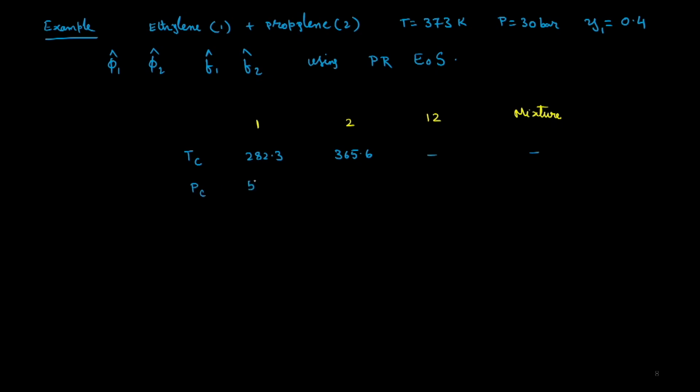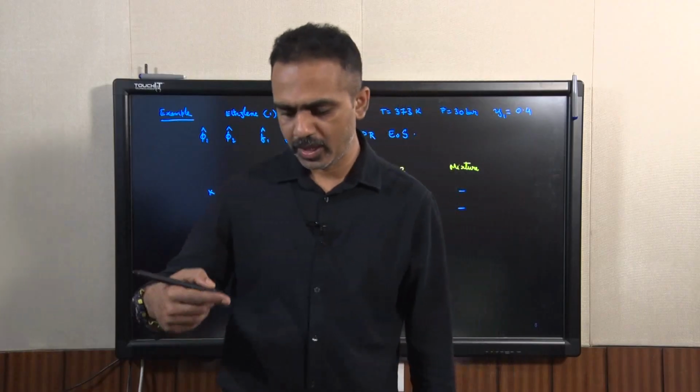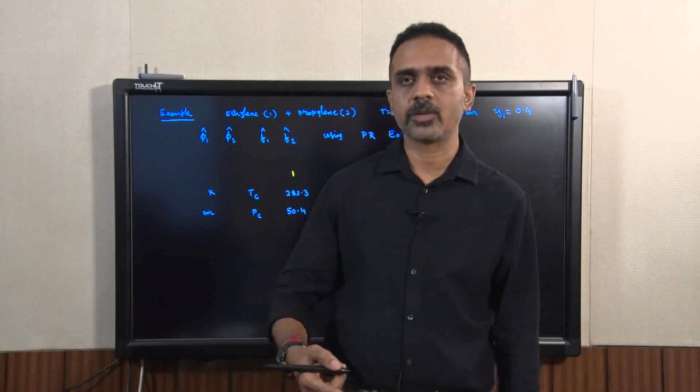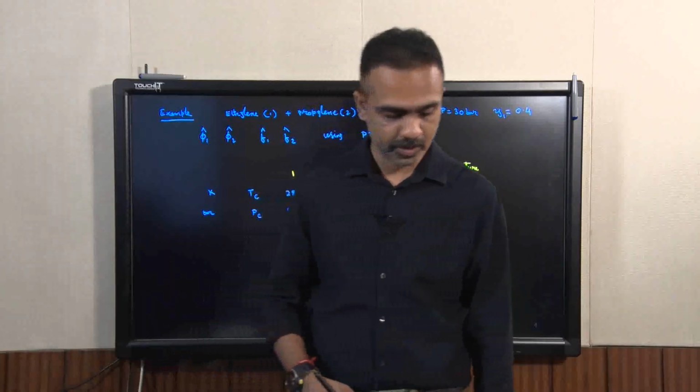Pc is 50.4, this is in bar, this is in Kelvin of course, and for 2 it is 46.65 bar. I don't need these for 1,2 using a cubic equation of state. We needed Pc12 or Tc12 when we used the ideal equation of state, the pseudo-critical parameters. For a cubic equation of state, we don't need those numbers.